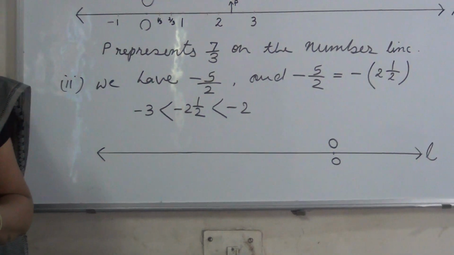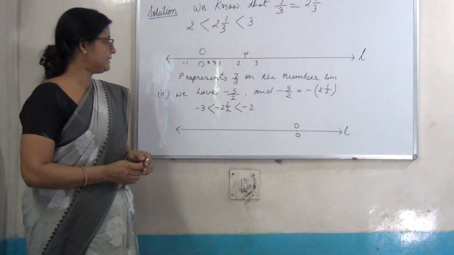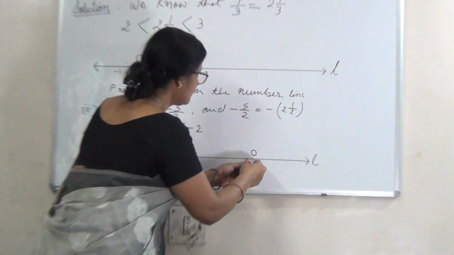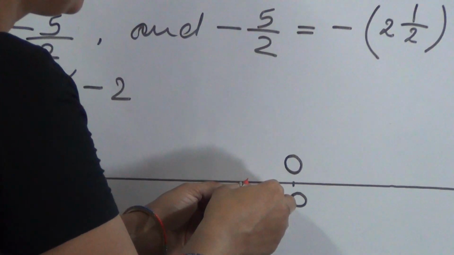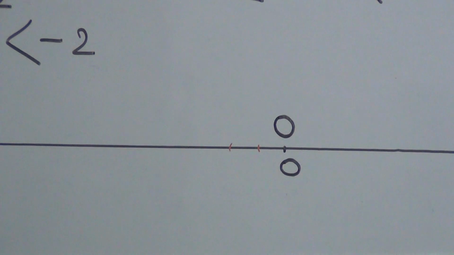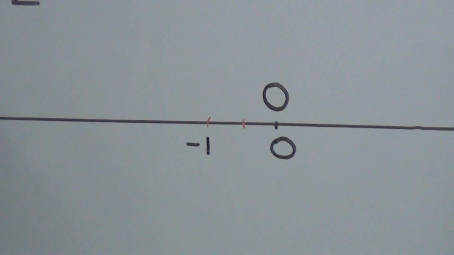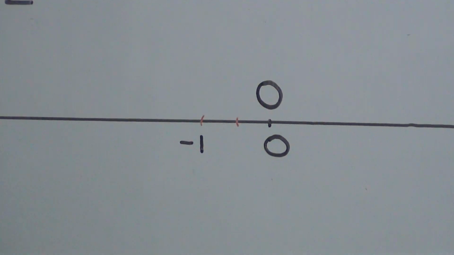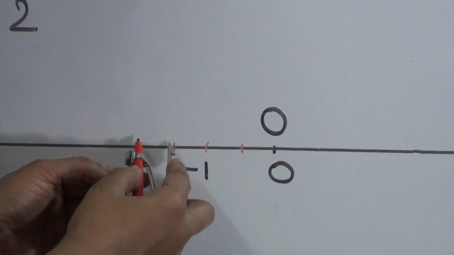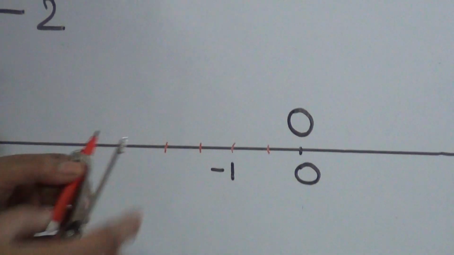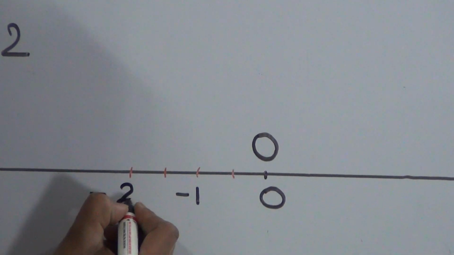It means one unit has been divided in 2 equal parts. So let us put 2 marks, just like this, 1, 2. So this will give us -1 as we are moving in the left direction. Now again we are going to put 2 marks. Now this point will give us -2.